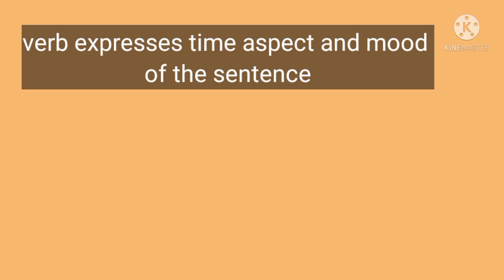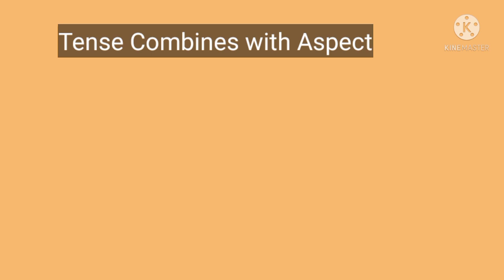We'll be just talking about tense and aspect of the verb. The time or the tense, present, past, and future, combines with the aspect, progressive or perfective, to form tenses in English. Each tense in English can have a simple form, and each can be combined with the aspect, progressive, perfective, or even both to form 12 tenses.